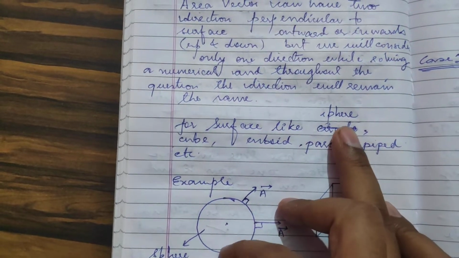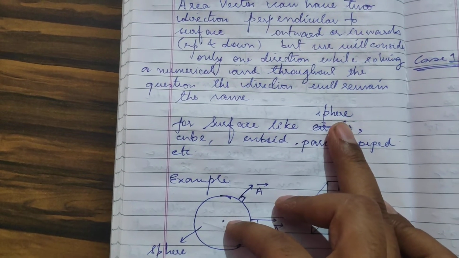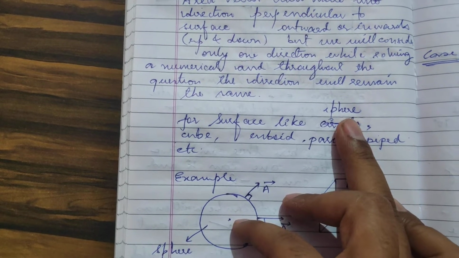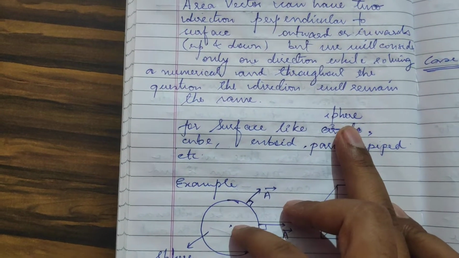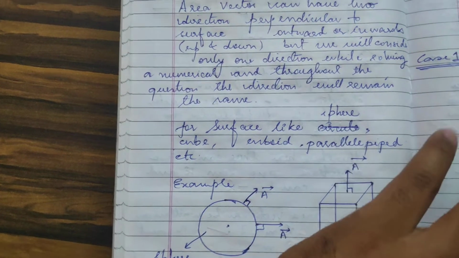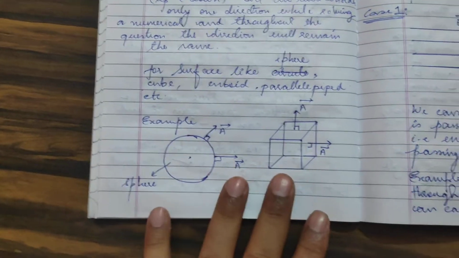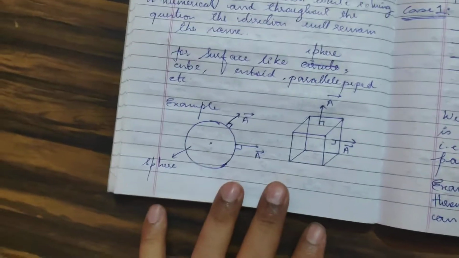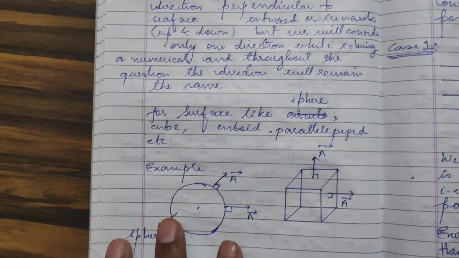And since these are regular figures, a sphere is a regular figure, therefore we consider them to be closed surfaces. They are three-dimensional. They are closed from all sides. So therefore, they are closed surfaces.